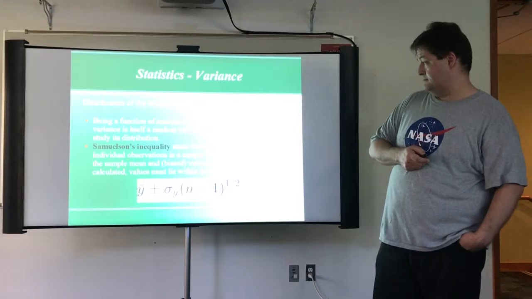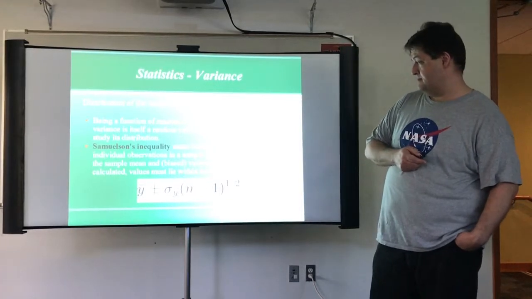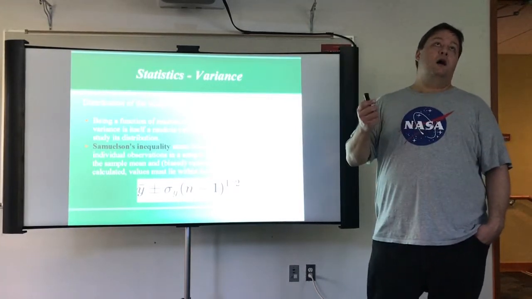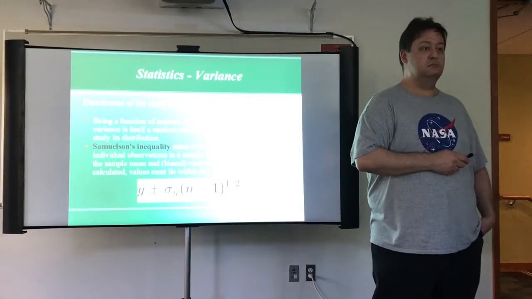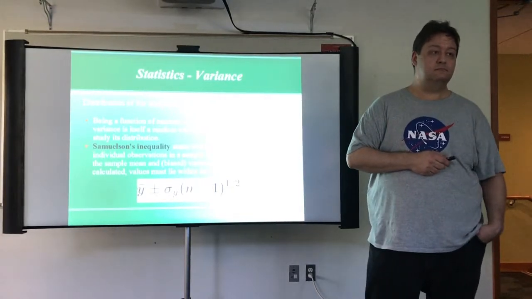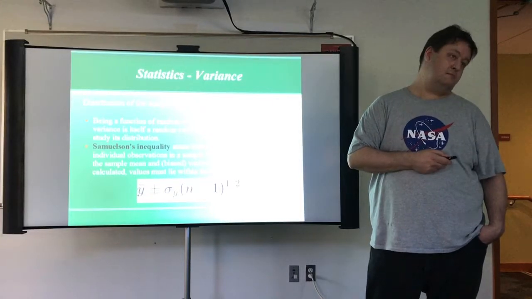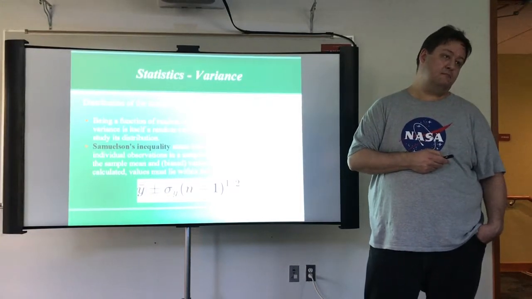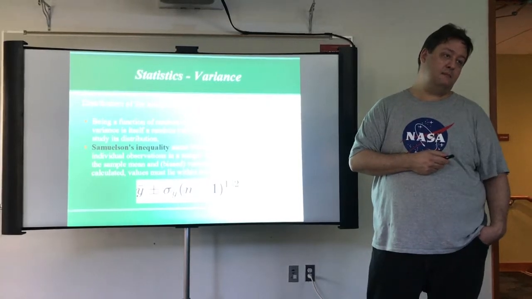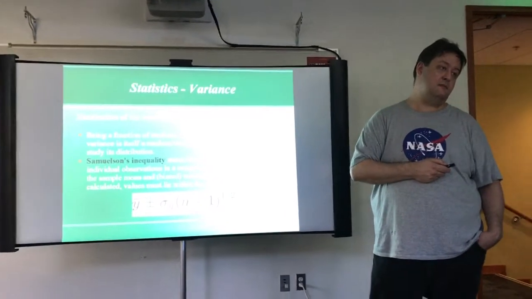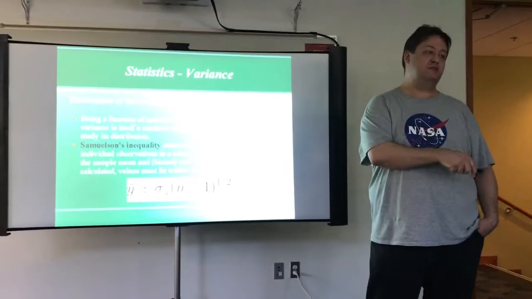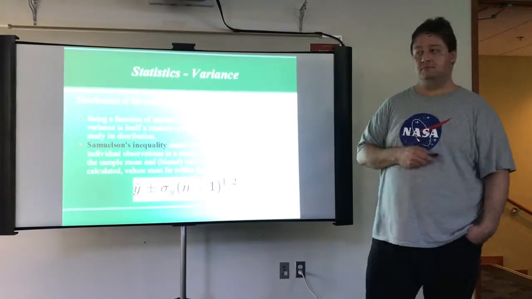But the point is, the more points you measure, the further the individual can be away. Not true. It's actually true, because if you have a large amount of points, the variance is less determined by the individual, so one individual can be much further away. If you have fewer points, then a single individual is going to determine the variance a lot more. Yeah, but it's not necessarily true.